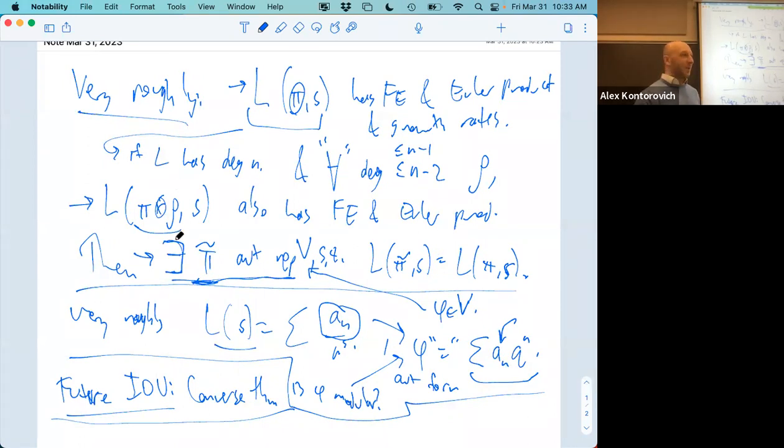Which is why, if you have lots of twists, then that can capture this thing. But the Selberg class of all things that have Euler products and growth rates and functional equations and analytic continuation is conjectured to contain only the Langlands L functions of automorphic representations. And that's been proved for degree up to 2, maybe a little bit past 2.